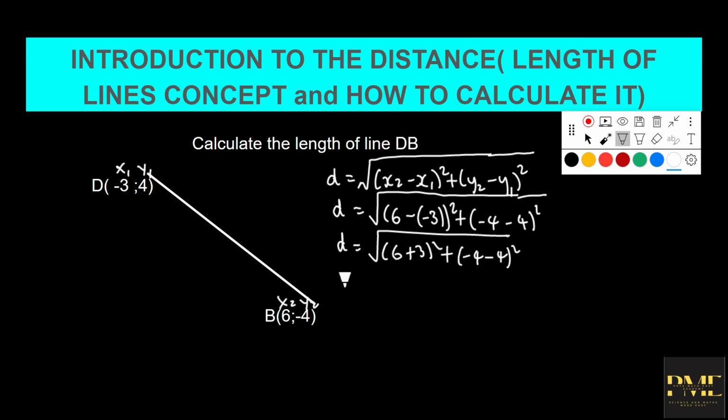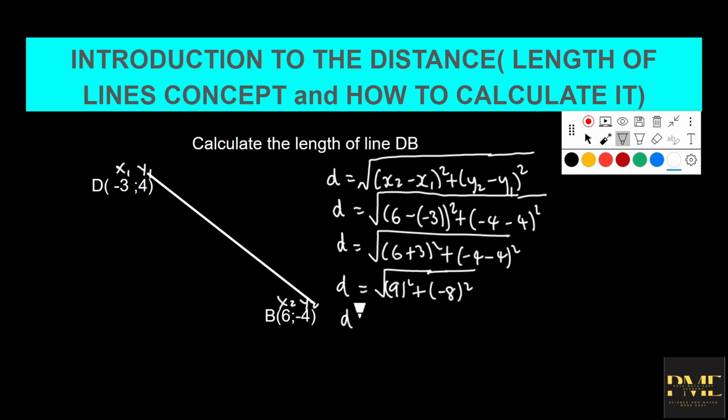And then sisobona ukuthi, okay, so when distance yethu being equals to, and then last, 6 plus 3, okay, that is basically 9, okay, so in other words, the square root of 9 all squared, okay, plus, and then last, so negative 4 minus 4, then ubaloyo negative 8 all squared, okay.